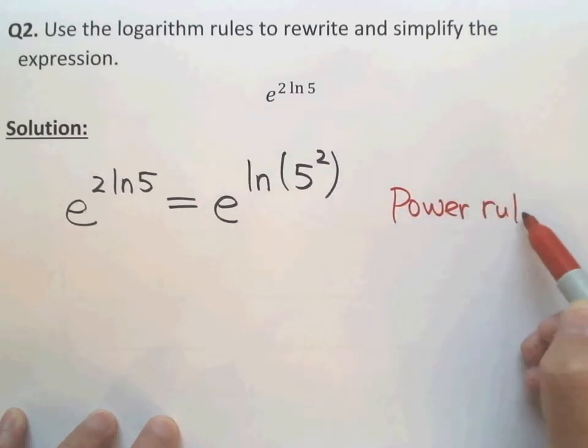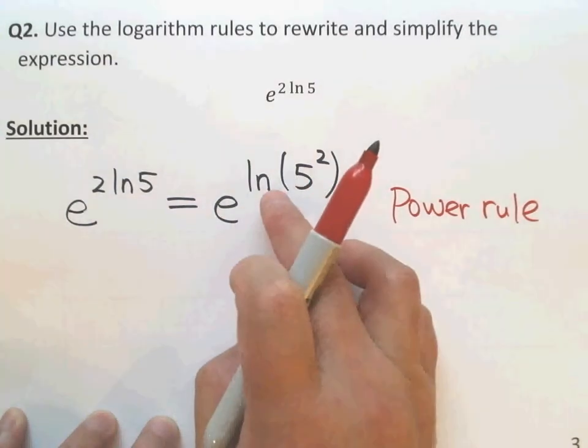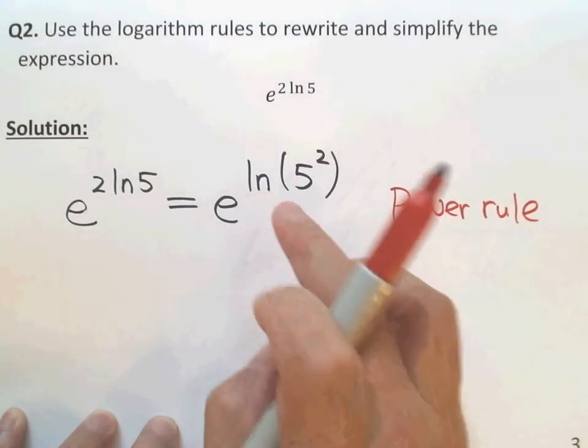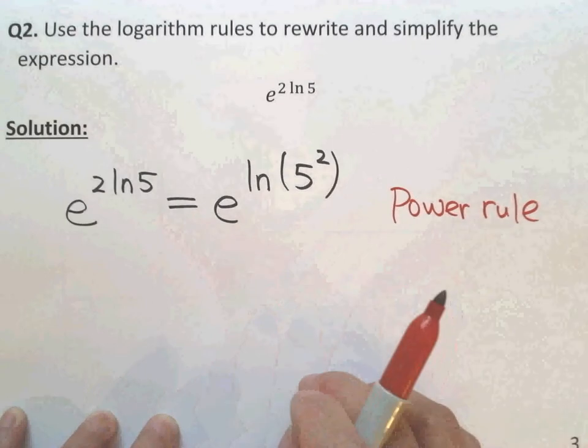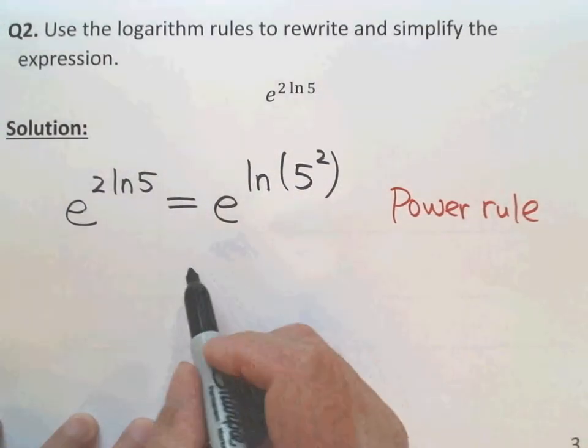This is the power rule we used. Now, e is the base, and here is another base e. The same base, we can cancel everything, right? We can use the inverse rule.